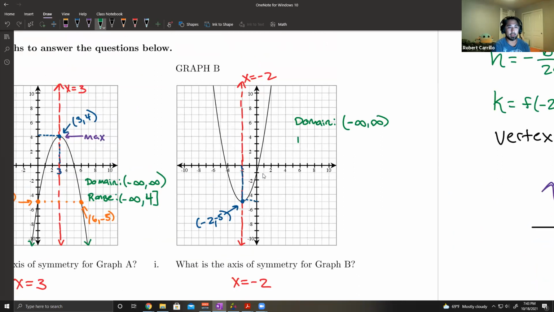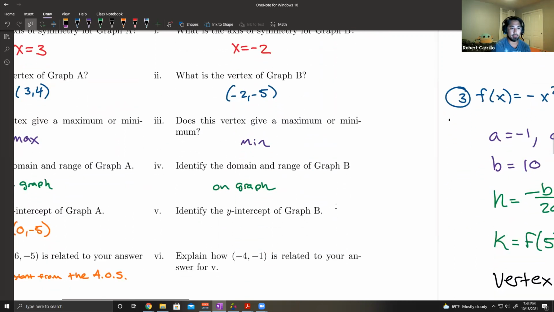And now our range, since we open up, we start at the y value of the vertex. So we start at -5. And where are these tails headed? Infinity. Sweet.